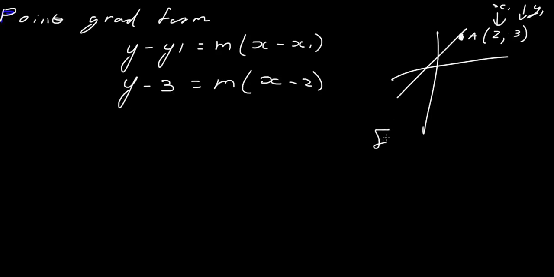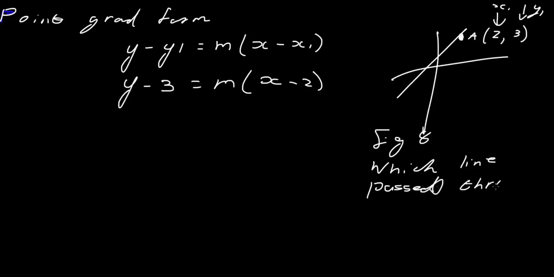In example 8, they ask which line passes through the point (2, 3) and has gradient equal to 3 over 4. So we've already done half of it.